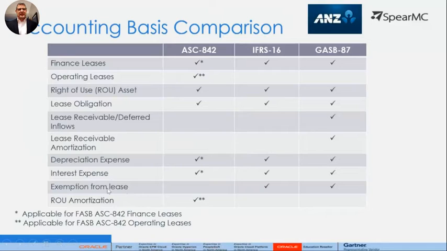Just a few differences on exemptions, on right of use amortization, and then the operating functionality between ASC 842 and IFRS 16. And then GASB over here, similar to IFRS 16 in finance operating payables leases, but GASB was the only accounting board to mandate changes on receivables leases as well.